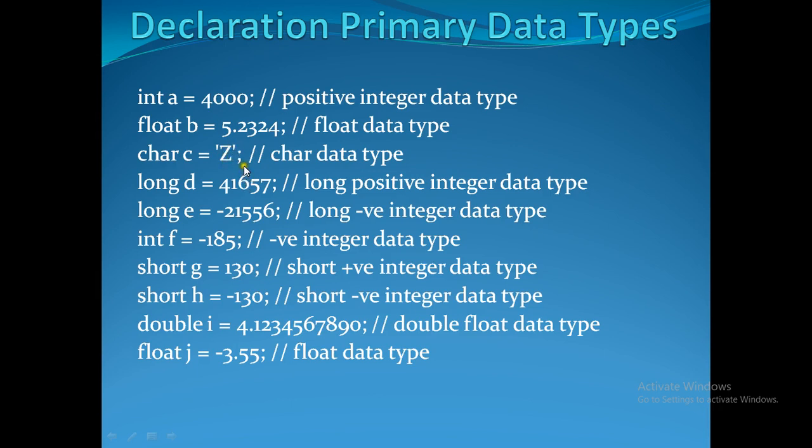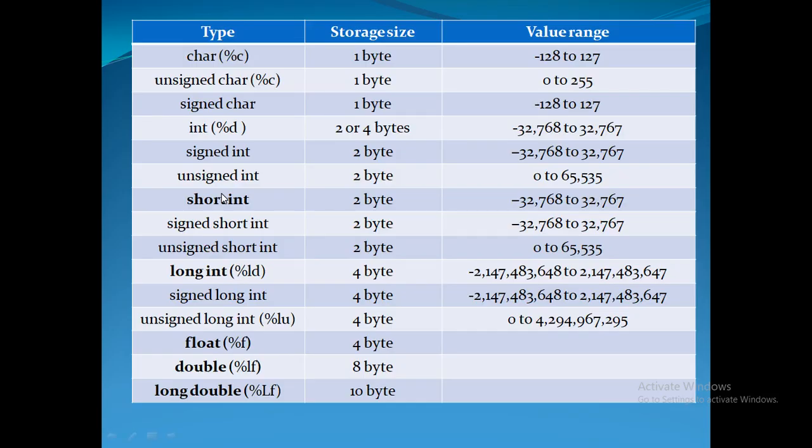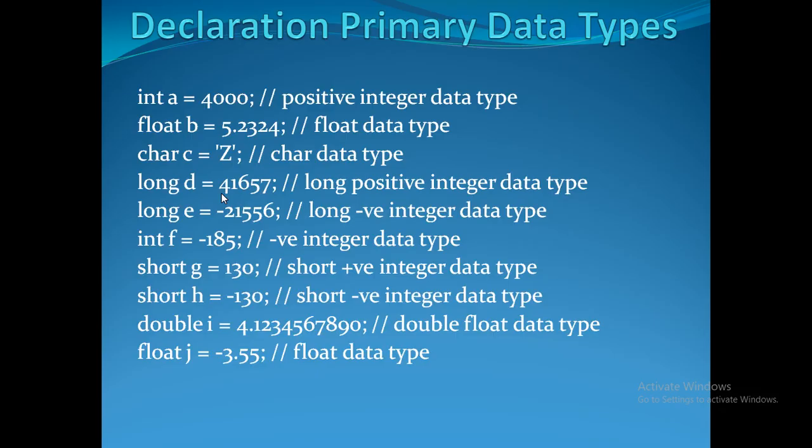Then long d: if you want to store long integer values, if the range is greater than 32,767, then we can use long d. Its control string is %ld, remember that. 41,657 is the value that we are storing in this variable d, and long e is an example, minus 21,556.